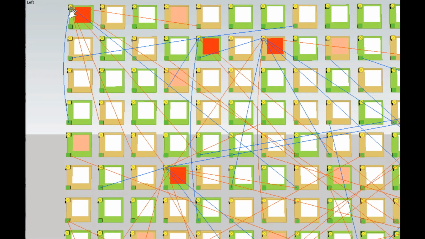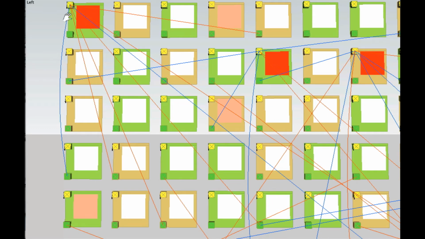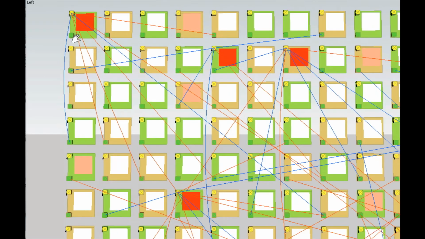What I have in these little boxes is sub-boxes or cubes. It's just a way to show relationships between people. So in this case, what these lines represent is comments or likes.